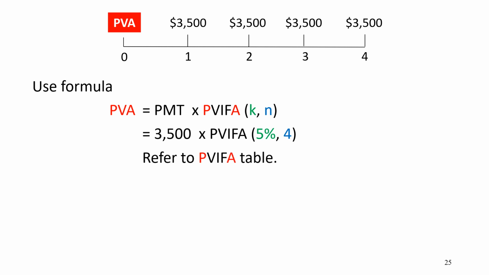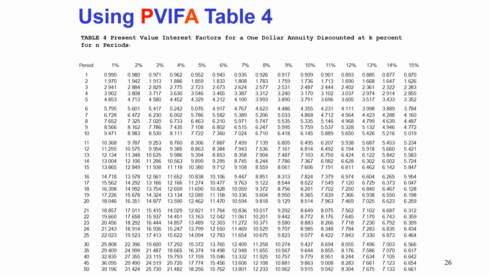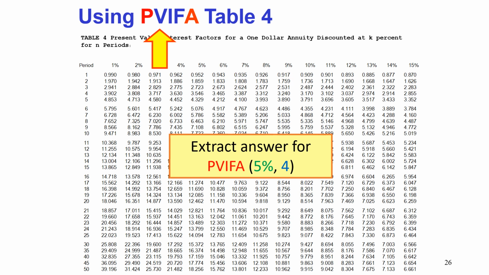Refer to the table. Please make sure that you have the correct table. It is very important that you get the correct table. This time around is PVIFA. Next, we extract the answer.